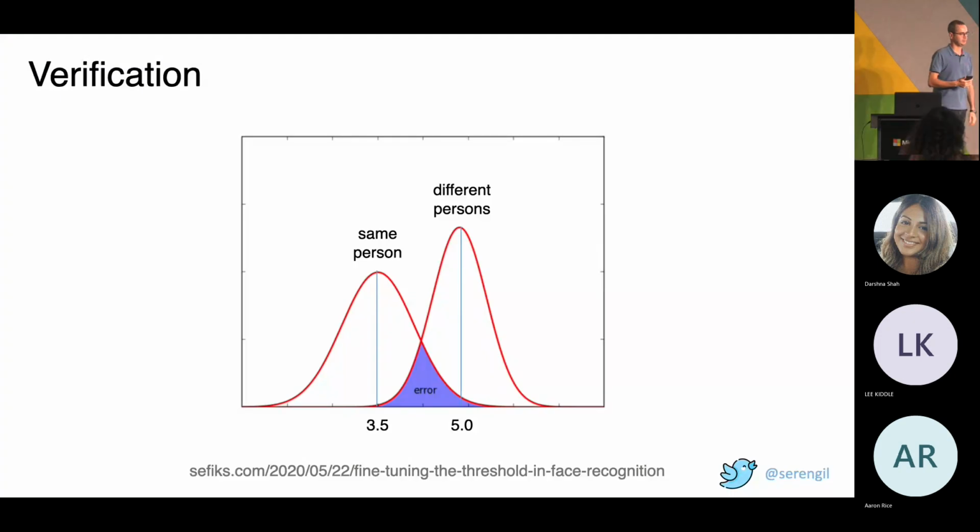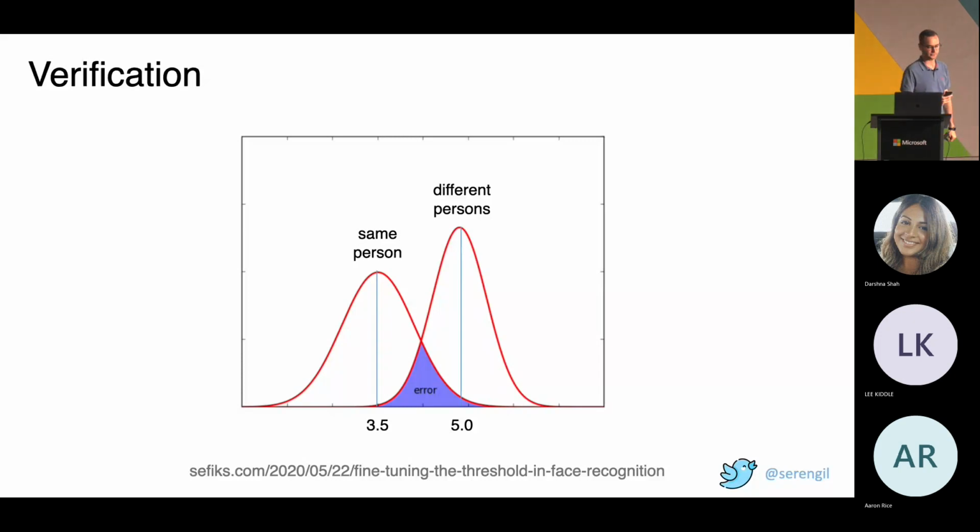Thereafter, we feed facial images to our deep neural network models, and it's going to produce many vectors. Thereafter, we are going to find the distance between those vectors. When we see the examples for the same person, the distance becomes, for example, 3.5, and for different persons, it becomes 5.